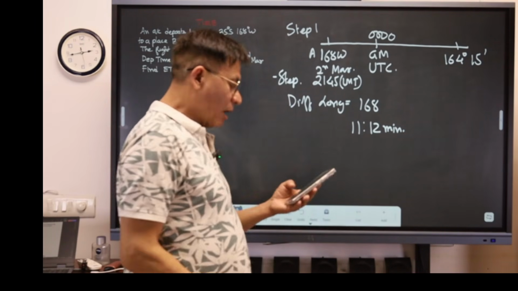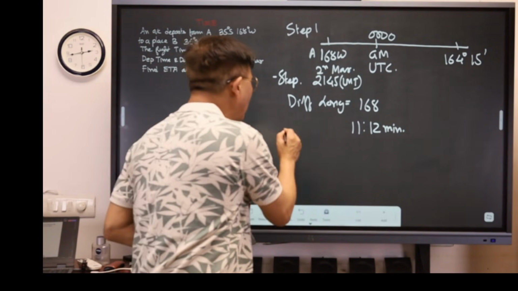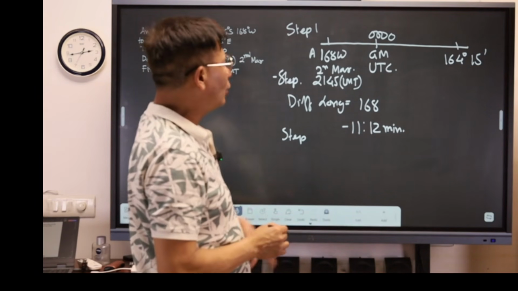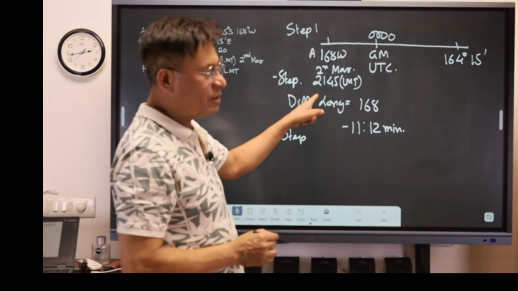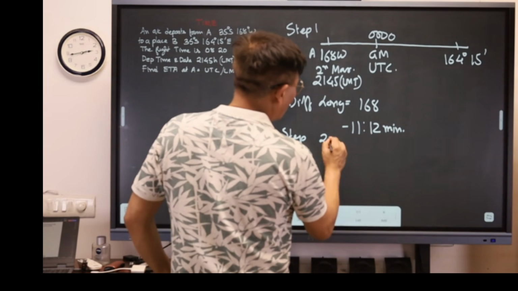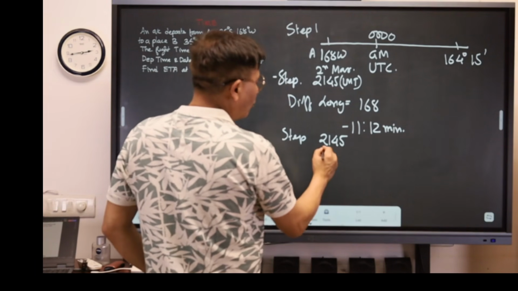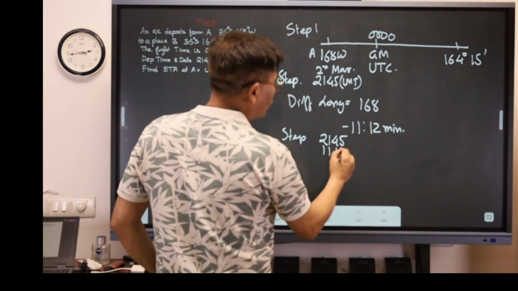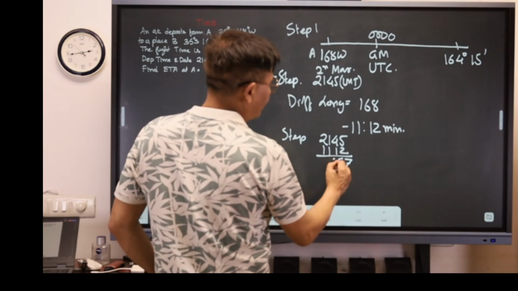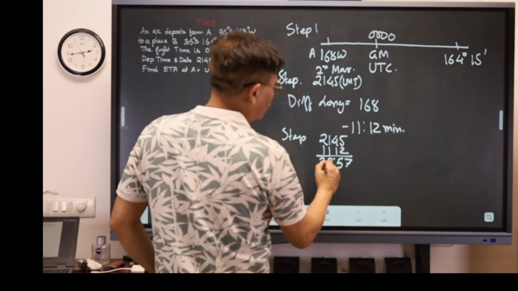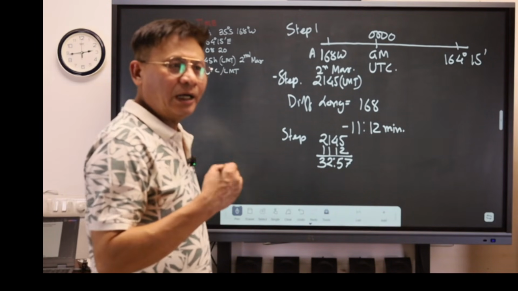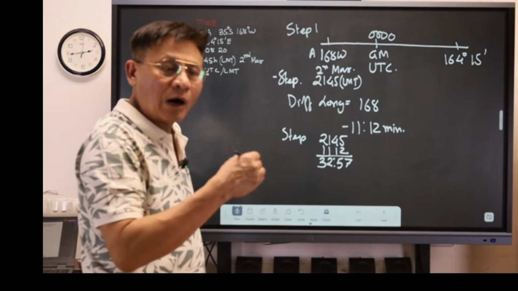So now the next step is, using this difference in time, I need to convert the time of departure which is given in the LMT to the UTC. The time of departure is 2145 plus 1112, which is going to be 3257 hours.